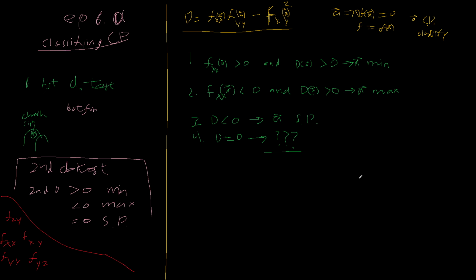I'm going to go through this, and it will make more sense with an example. If you remember, earlier I showed f(x,y) equals x squared plus y squared. So we know that f of 0 is a minimum. Can we check?